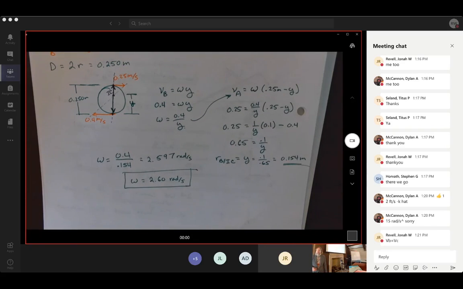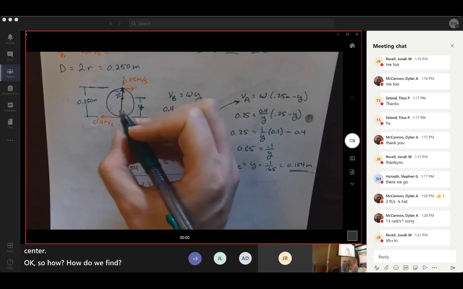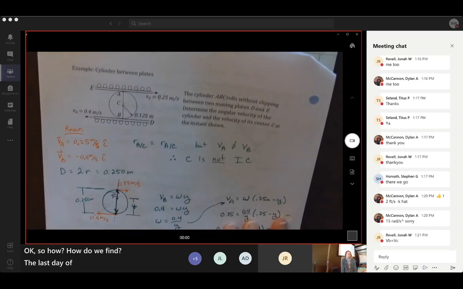Okay. Is that all we needed to find, or was there one more piece? Velocity of the center. So we want to find the velocity of the center. Okay, so how do we find the velocity of point C?